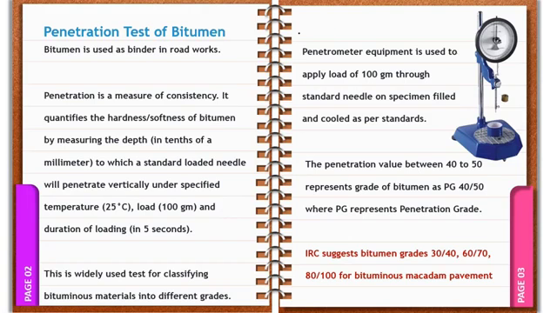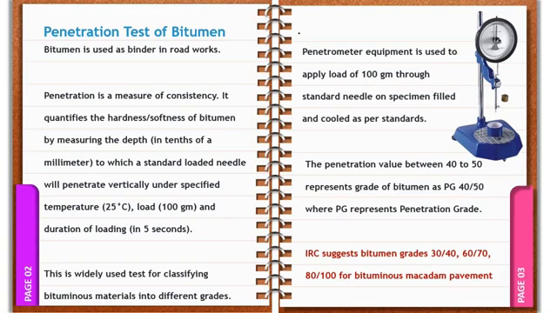The penetration value quantifies the hardness or softness of bitumen by measuring the depth to which a standard loaded needle will penetrate vertically under a specified temperature and load for a specific duration of time.